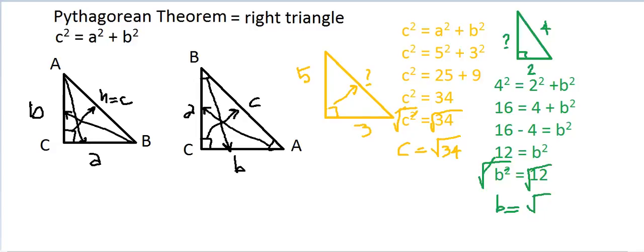So this is 4 times 3. So 4 is a perfect square, and therefore, what is the square root of 4? So B has the measure of 2 times the square root of 3.